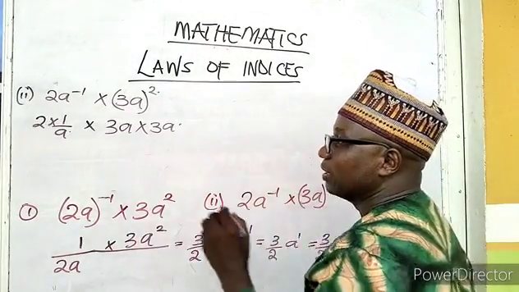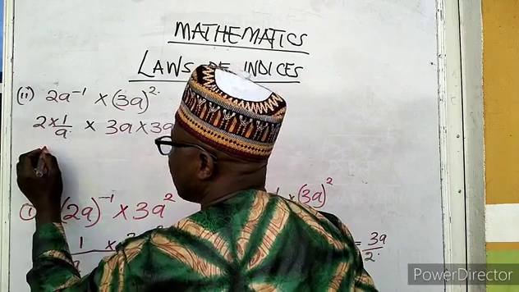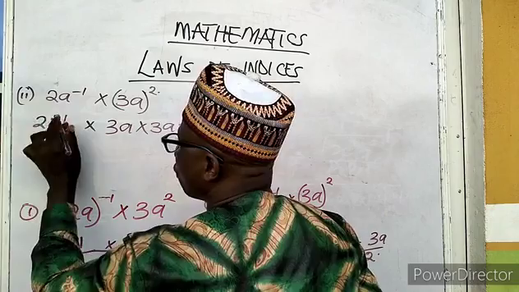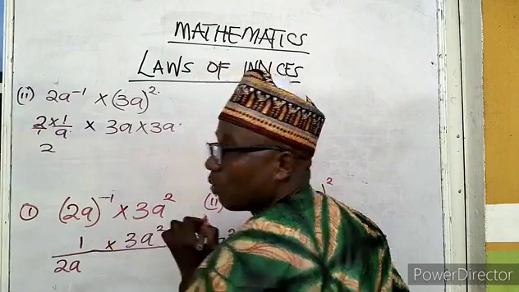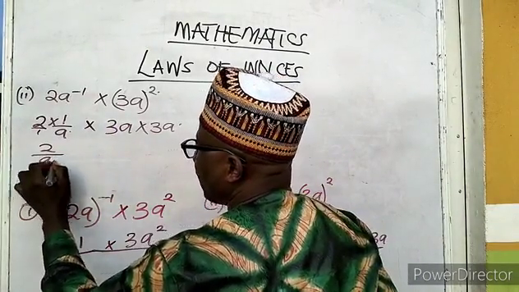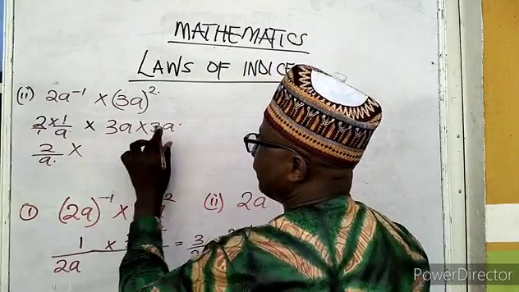Is that clear? So now this one means that I have 1 times 2, top for top. This one is the same thing as over 1. Top for top, bottom for bottom. So this one is going to be all over a times 3 times 3.